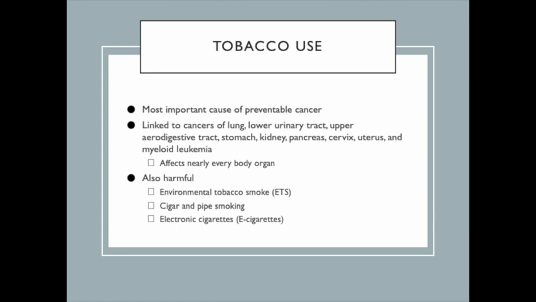So we talk about cigarette smoking or tobacco use, but we're also talking about e-cigarettes, cigar, pipe smoking, and even what used to be called secondhand smoke, environmental tobacco smoke, or ETS. These are all harmful as well. Tobacco smoke affects all areas of our body, nearly every body organ.